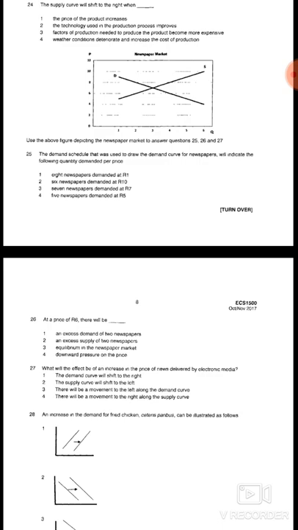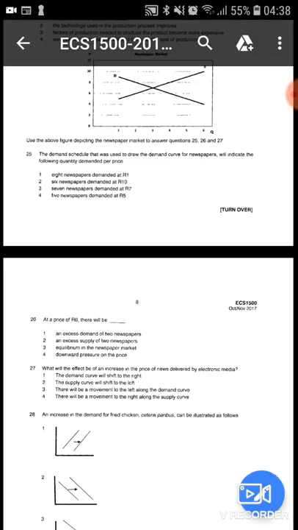So option number 4 is true. 5 newspapers at 5 rand, okay, let's see, at 5 rand, the quantity demanded of 5, yeah, it's option number 4.